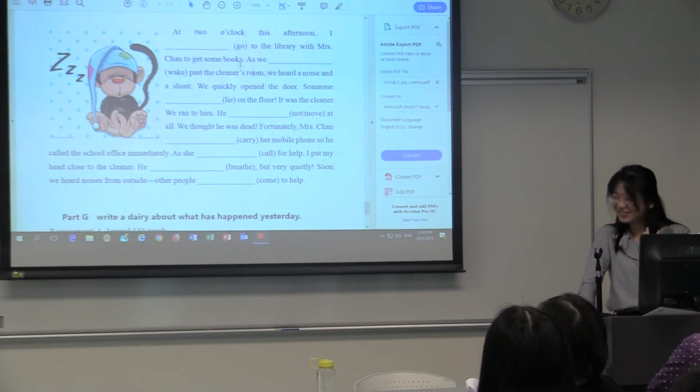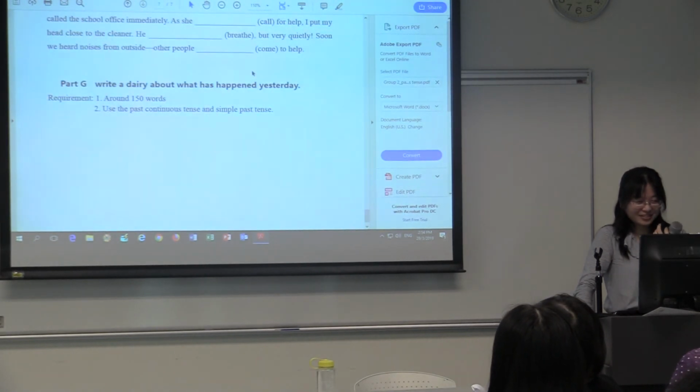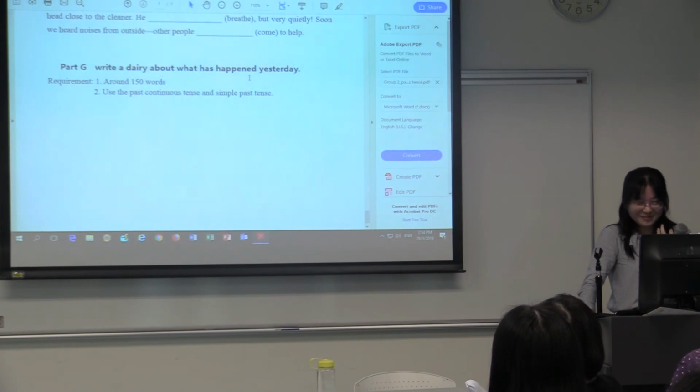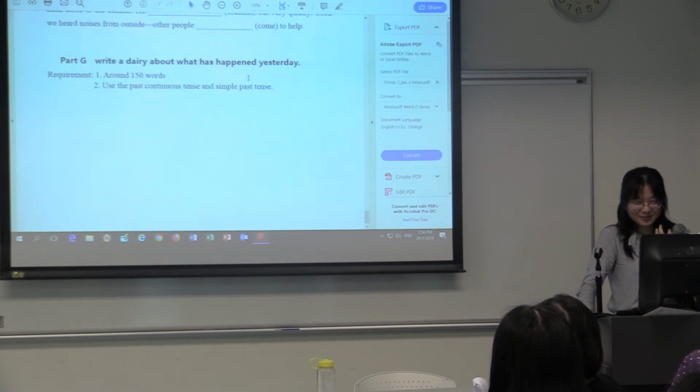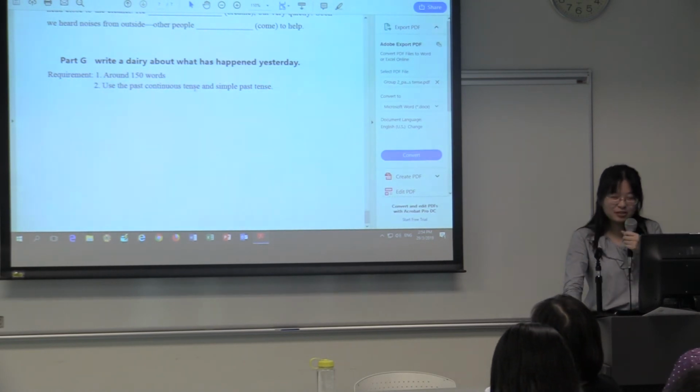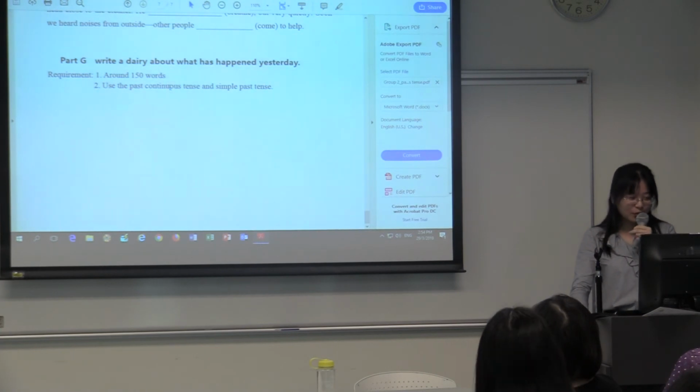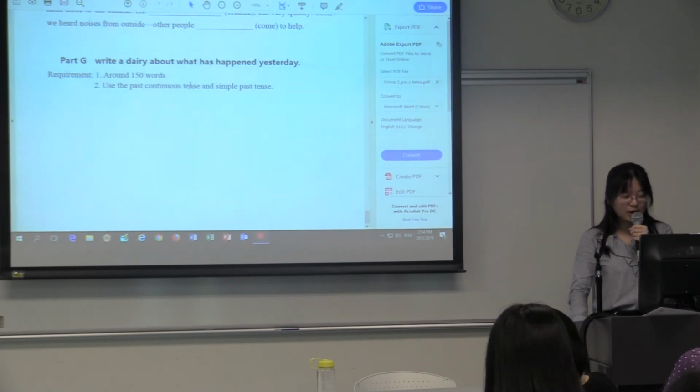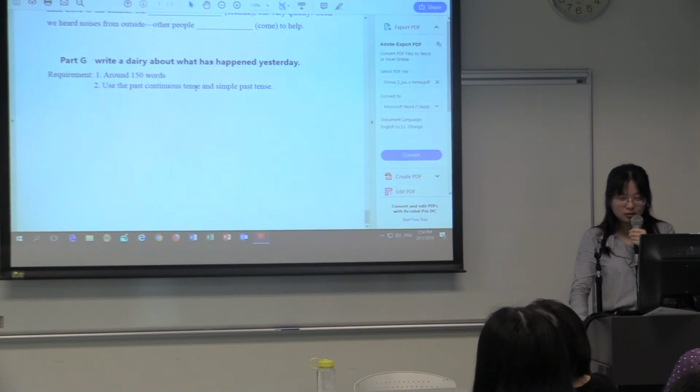And then part G. Part G, there is a typo. This is important, this typo, because you are talking about the past tense and past continuous. Write a diary about what? Just write down a thing that happened yesterday. Yeah, yesterday. So we have to use the past tense here. Don't use the present perfect.